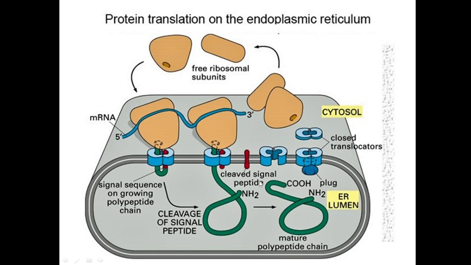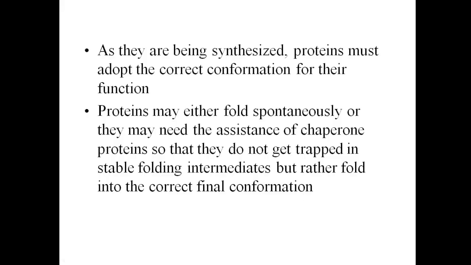The polypeptide chain will appear in the lumen of the endoplasmic reticulum cisterns, and the enzymes associated with the endoplasmic reticulum membrane will modify the polypeptide chain.